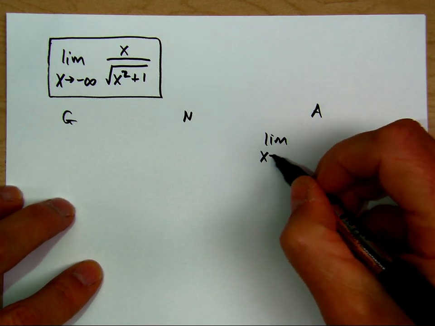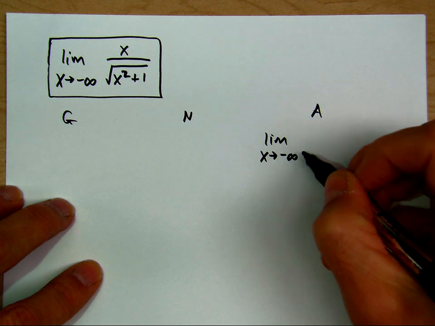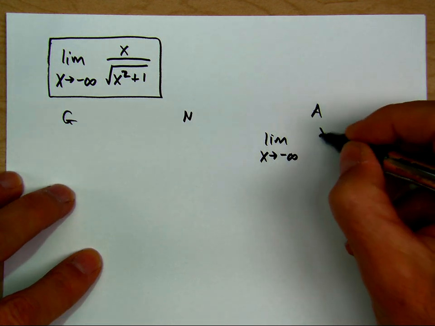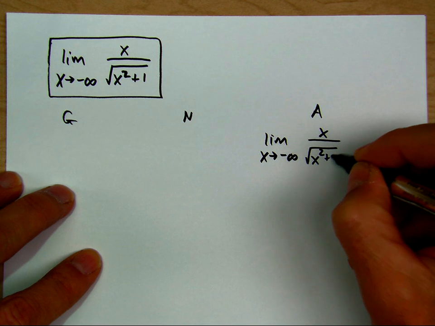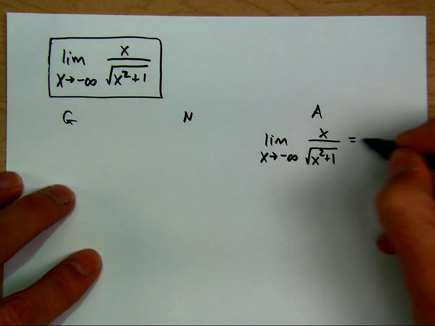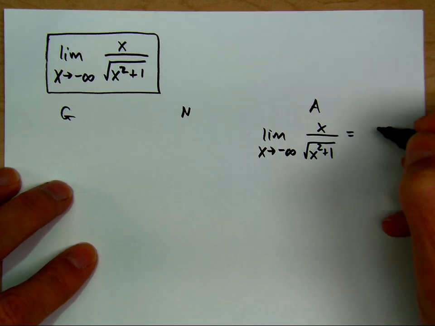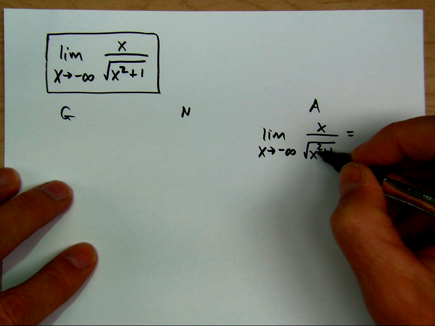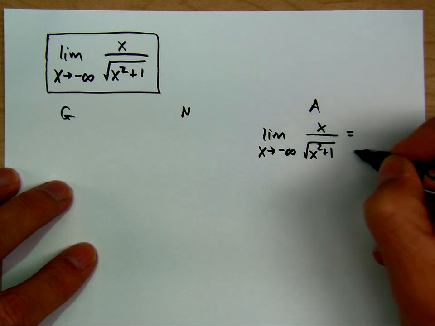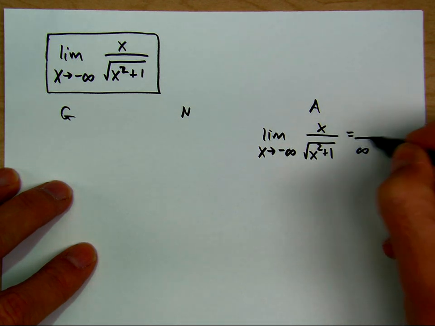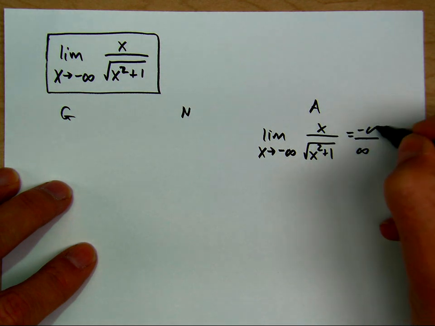So this has a little different strategy. If we substitute negative infinity, we're going to square the negatives. That'll be positive, but this is going to go to infinity and negative infinity.